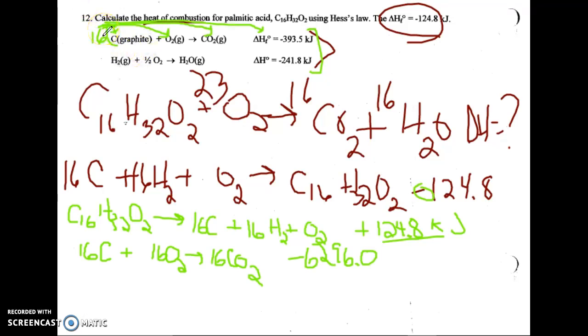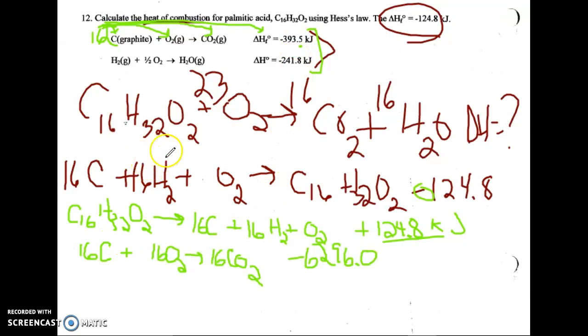When I distribute that 16 through that equation, I get 16 carbons, 16 oxygen, 16 CO2s, and 16 times this negative 393.5 is negative 6,296.0. It might look like I have an extra sig fig here, but this is to the tenths, and 16 is a whole number, so I can basically list these in a column 16 times and use the addition rule to keep that tenths place value.